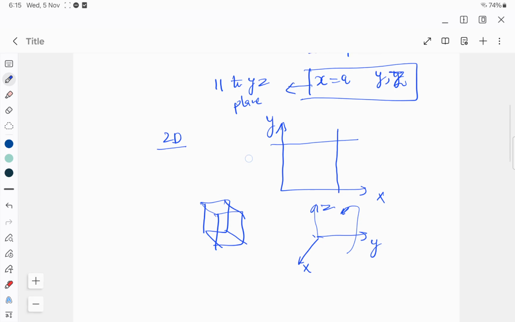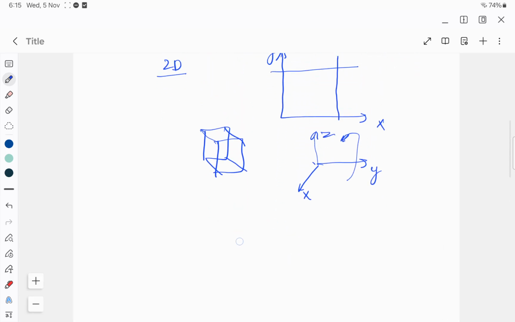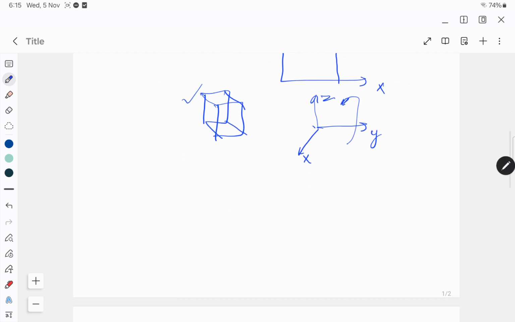The problems we will discuss will have three types of coordinate systems: Cartesian, cylindrical, and spherical.